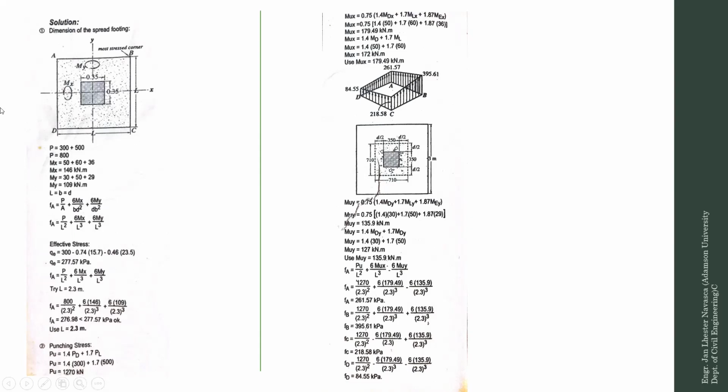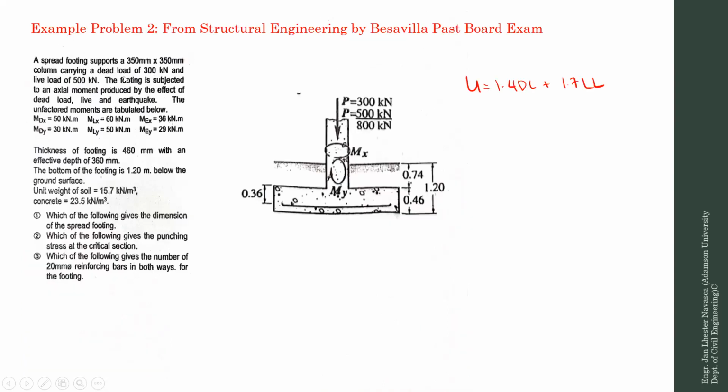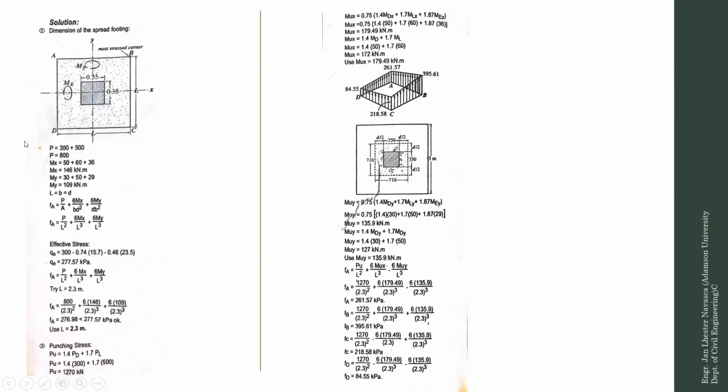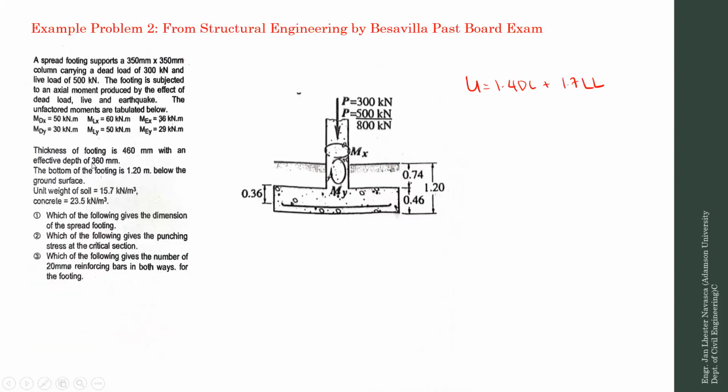Okay. So for the total axial load, unfactored, that is 300 plus 500. So you get 800 kilonewton. The total moments on the x-axis, which is 50, 60, and 36.